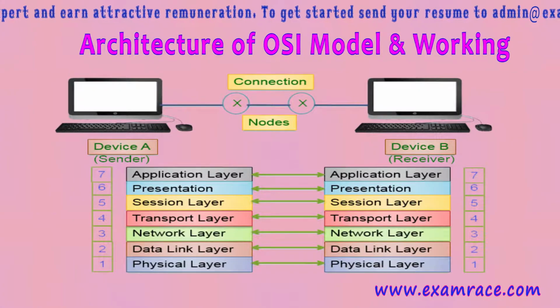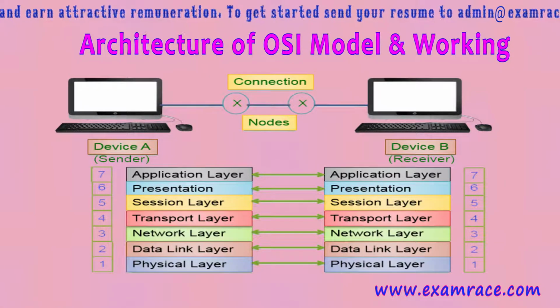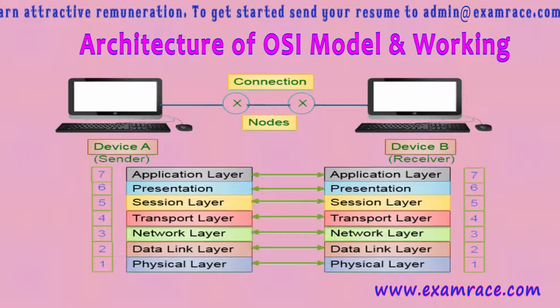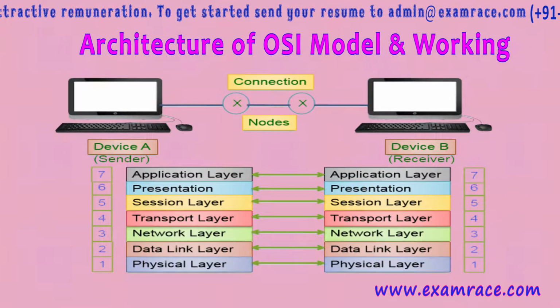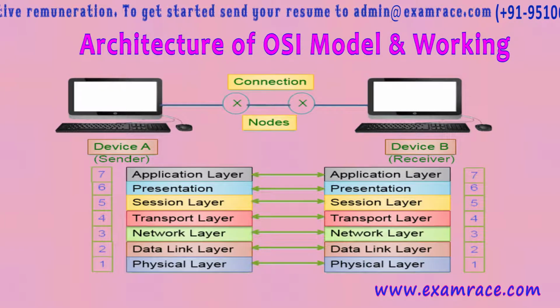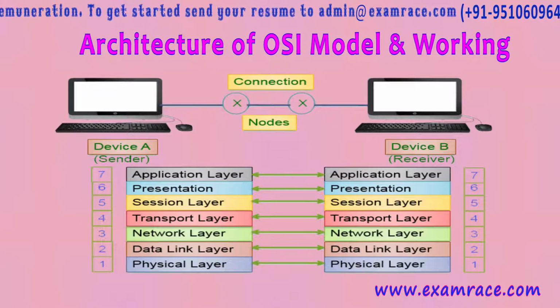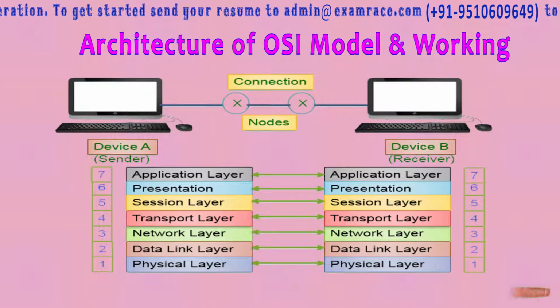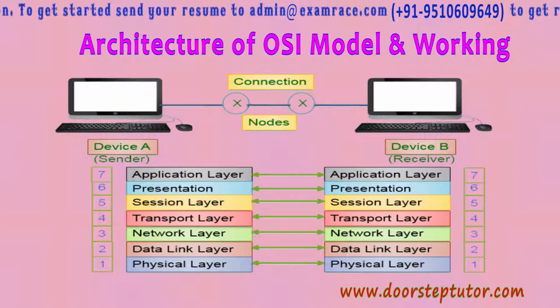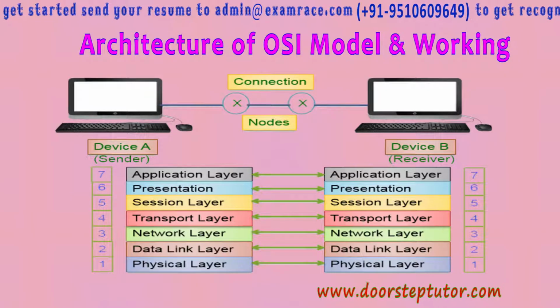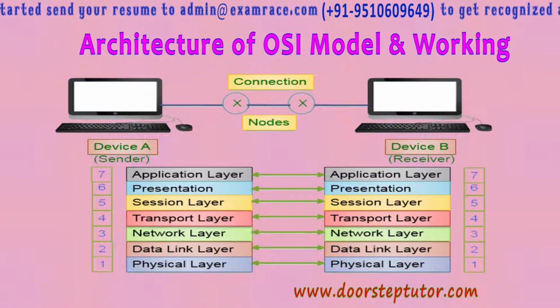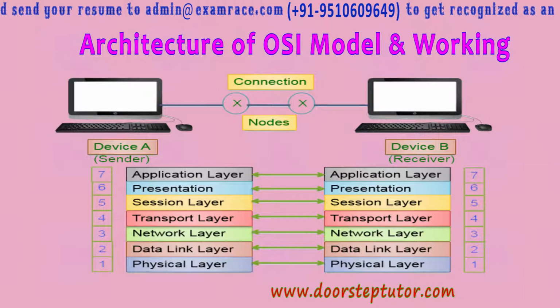So let's move to our next slide. It is about the architecture of the OSI model and its working. Let's study this example. We have two devices, device A and device B. Device A is on the left side and device B is on the right side.